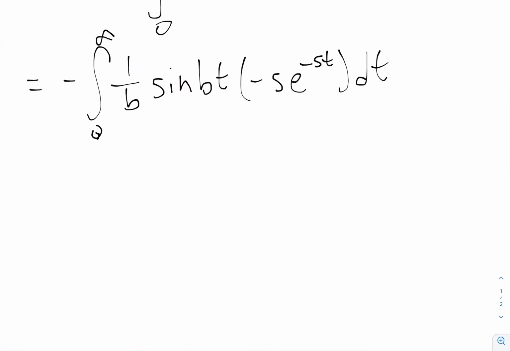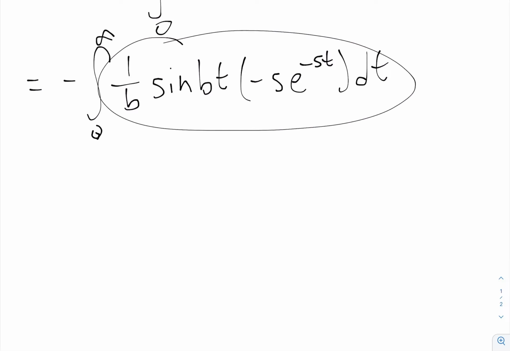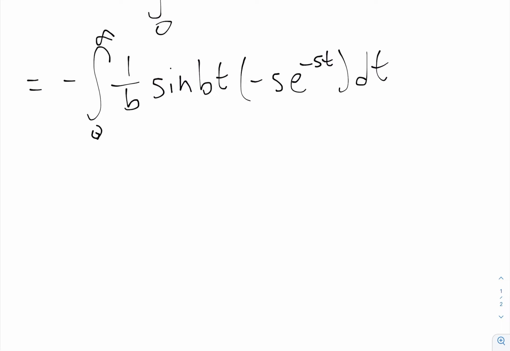Anytime we're doing this, we always want to pull out the constants. This integrand is a function of t, so anything that's not a t or connected to a t, we're going to pull out. So this 1 over b is a constant. Same with this s. Everything else is stuck where it is because sine bt isn't a constant, e to the negative st isn't.